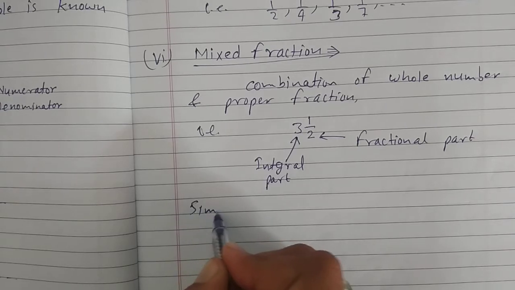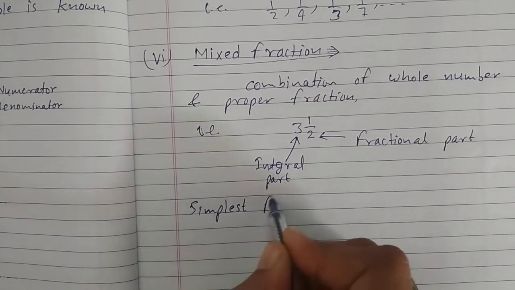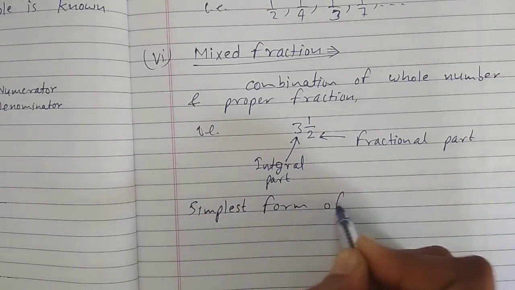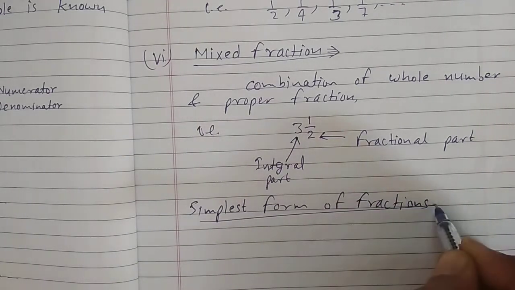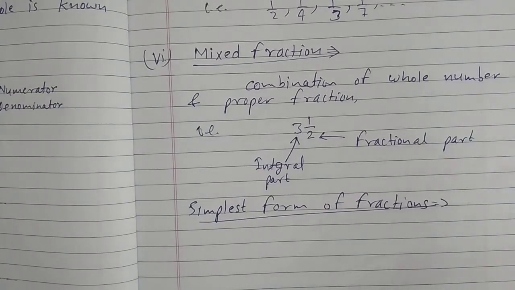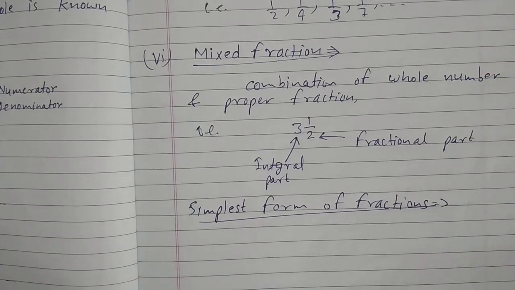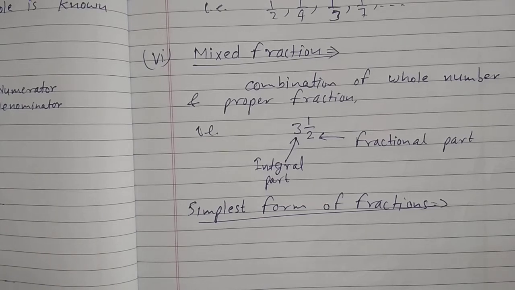Now, the simplest form of fractions. If the numerator and denominator of a fraction have no common factor other than 1, then the fraction is said to be in its simplest form. In other words, the numerator and denominator cannot be cut by any number or table.